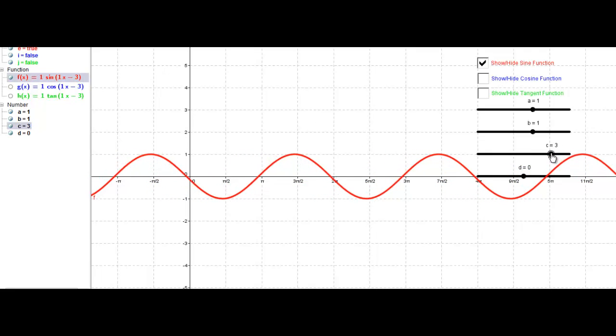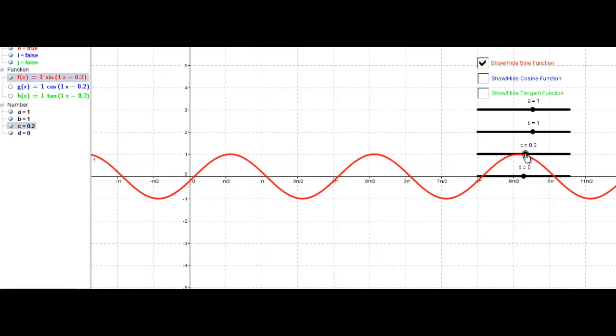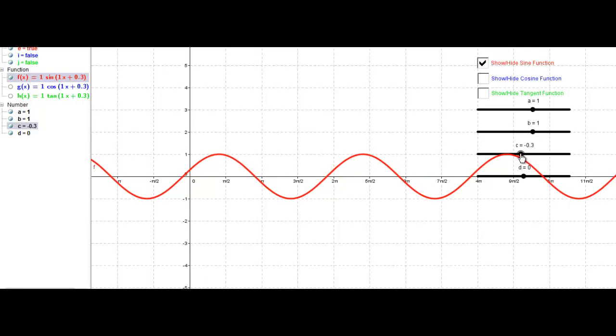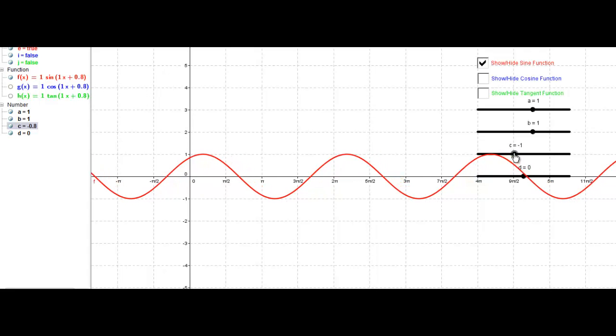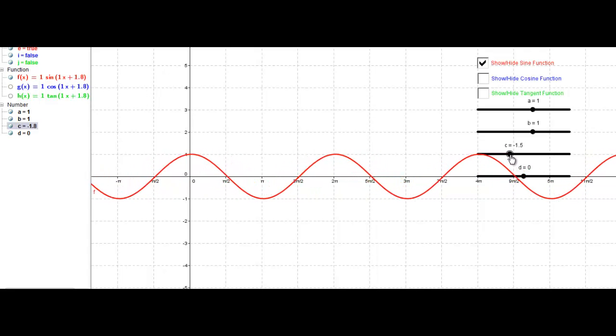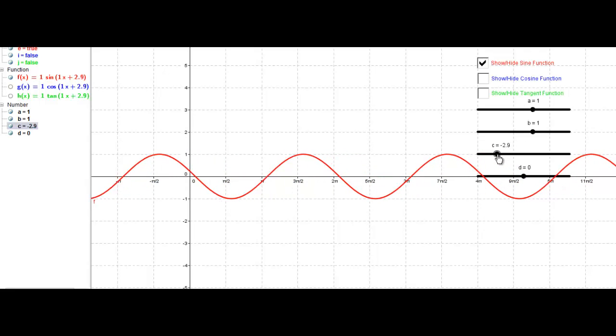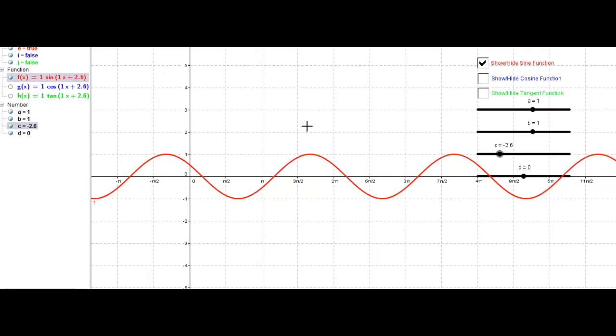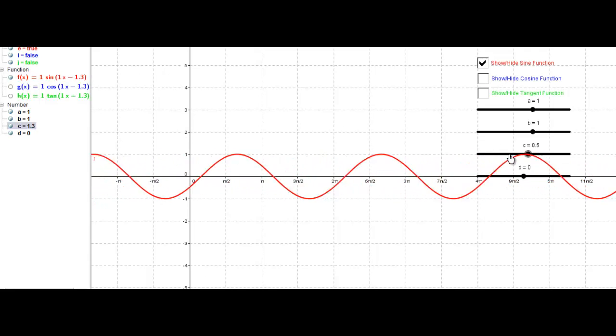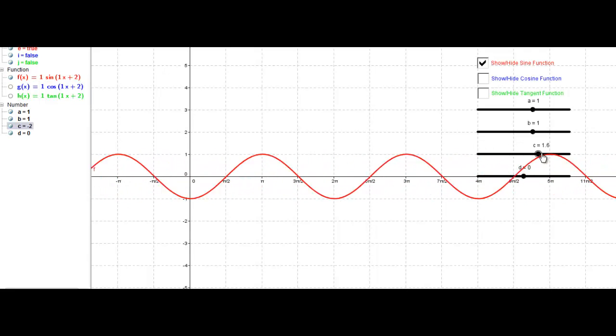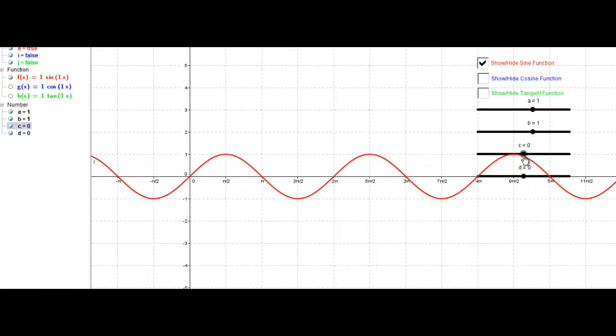It moves it to the right. When c is negative, or plus in my equation, then it moves it to the left. See how that moves to the left, and see how my c values vary here. That's a phase shift. All that does is move it to the right or to the left.